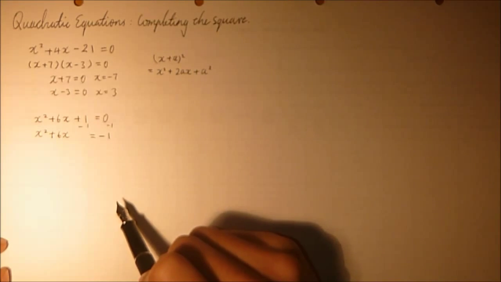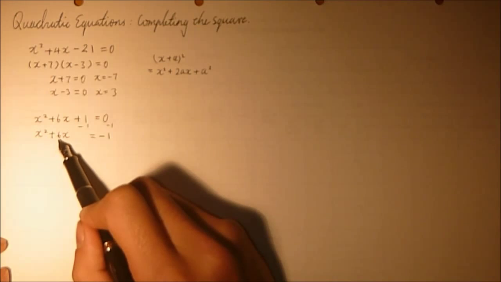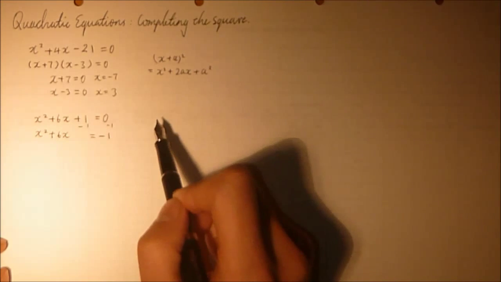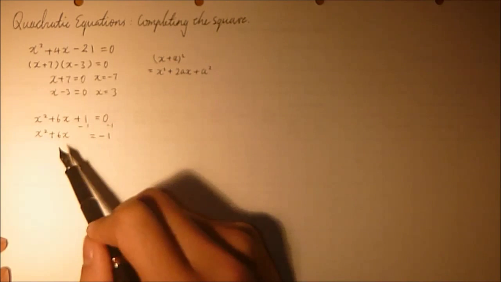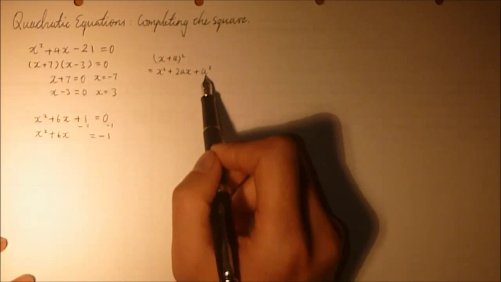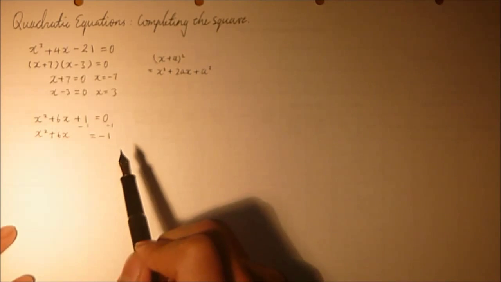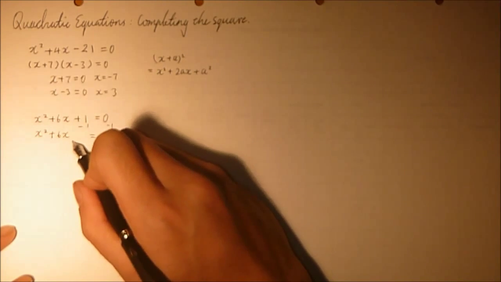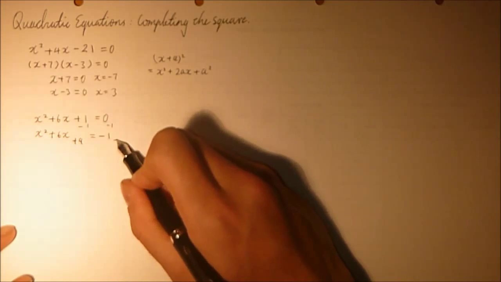So in this case, 6 is 2a, which means a has to be 3. So half of 6 is 3. And the third term, 3 squared, will be 9. So we add 9 here, and we add 9 here.